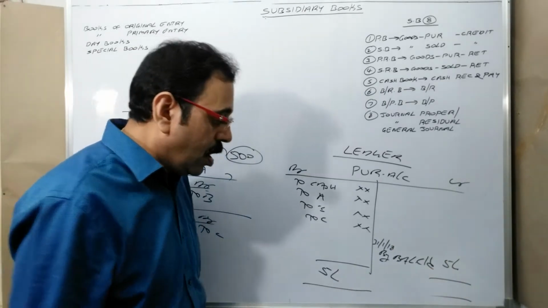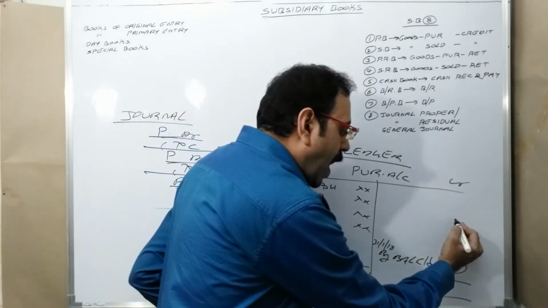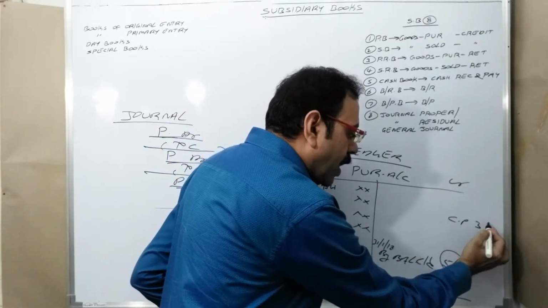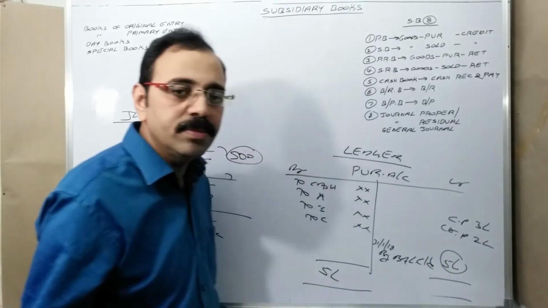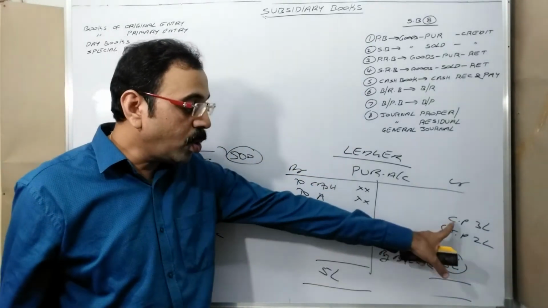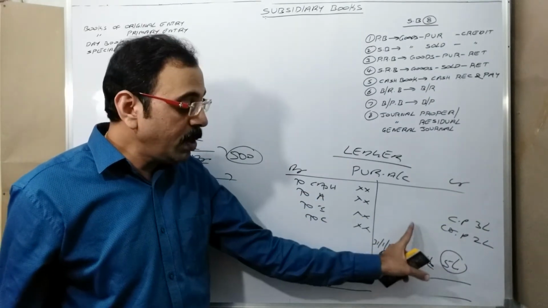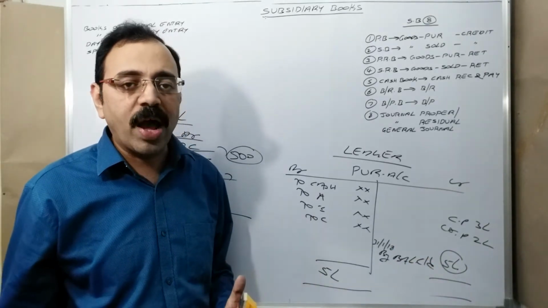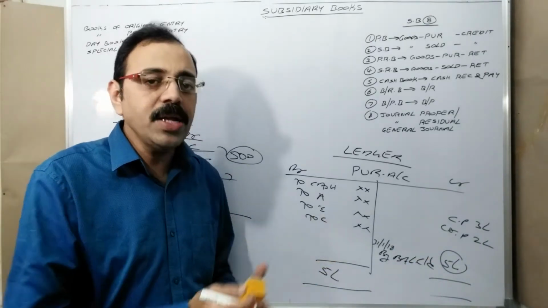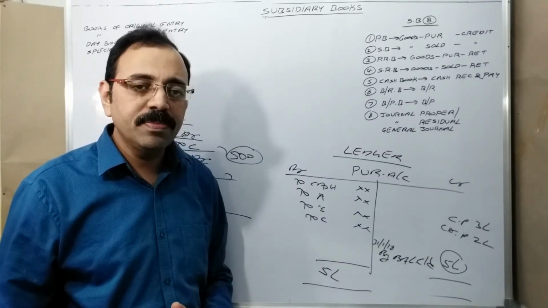But assume that in this 5 lakh rupees, cash purchase is 3 lakh rupees and credit purchase is 2 lakh rupees. Can we know these values by preparing purchase account? No. Only the purchases amount we can know, but out of the total purchase value, how much is for cash and how much is on credit basis, we cannot know.